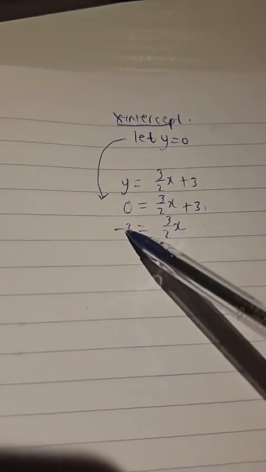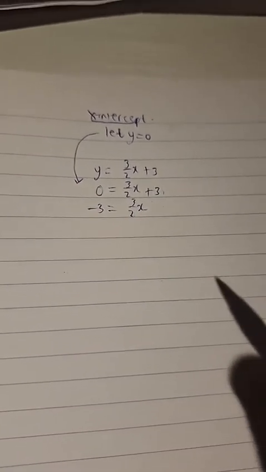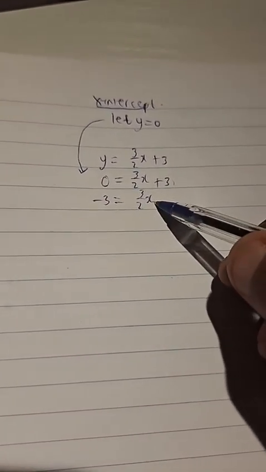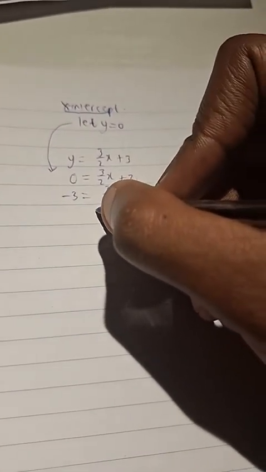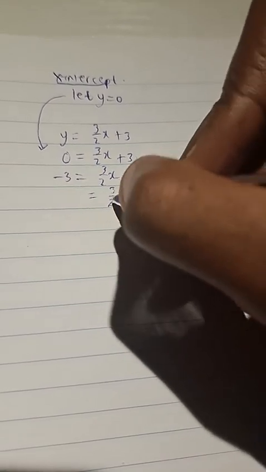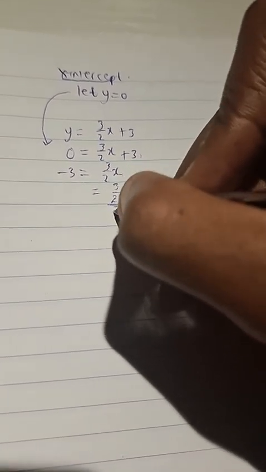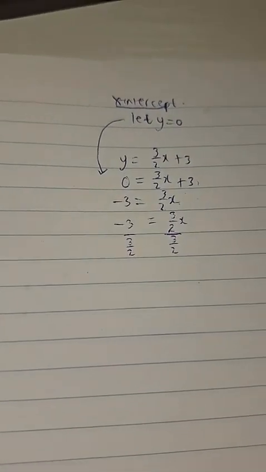We take the positive 3 over to the other side, and it becomes negative 3. Then after doing that, we want the value of x, remember? So after that, we can go ahead and divide both sides by 3/2.